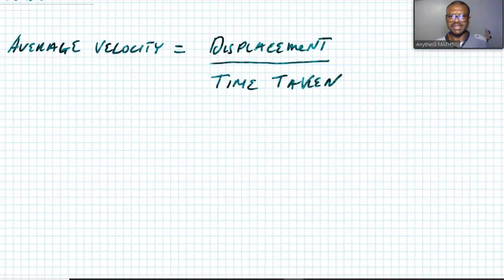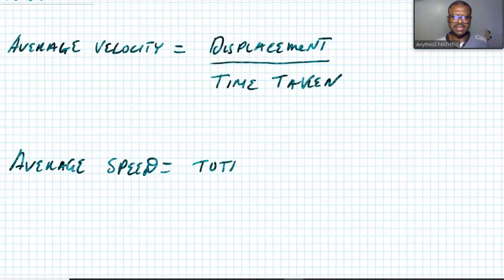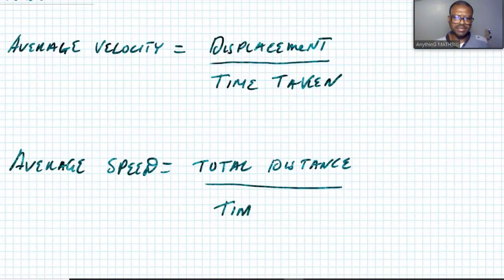Average speed is total distance covered all divided by the time taken.